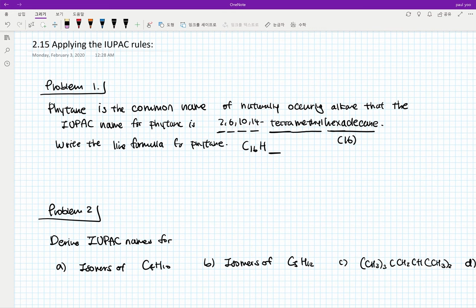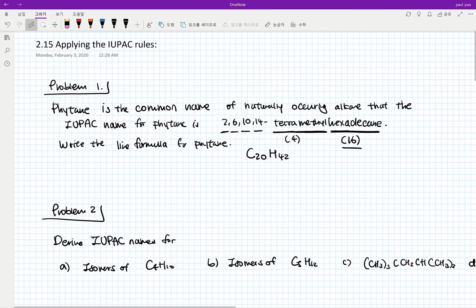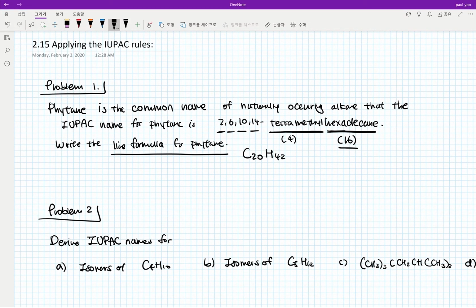But actually the overall carbon count is not 16. It's 16 from hexadecane plus the tetramethyl group, where the additional 4 carbons are, so it's actually C20H42. So drawing the line formula for phytane, I'm supposed to draw 16 carbons: 1, 2, 3, 4, 5, 6, 7, 8, 9, 10, 11, 12, 13, 14, 15, 16.